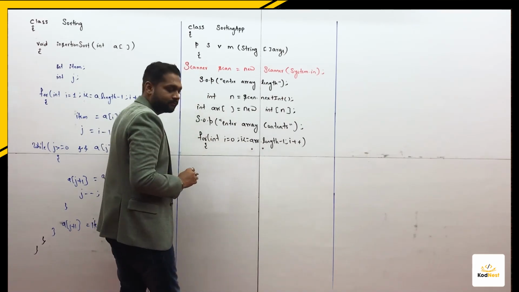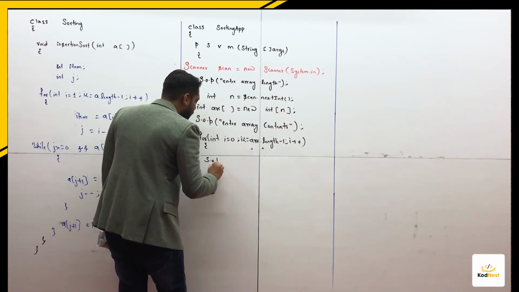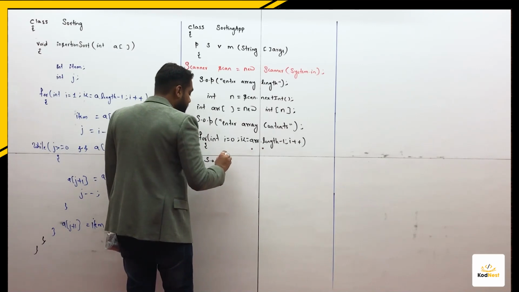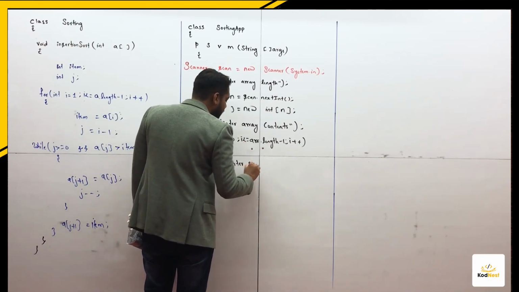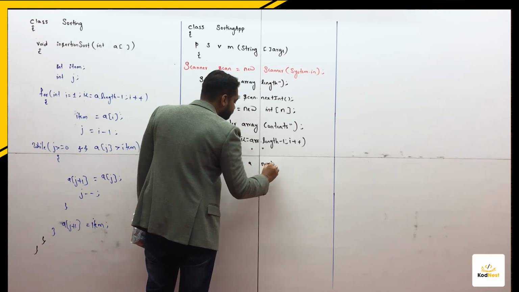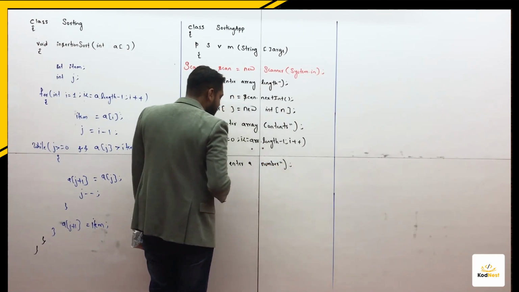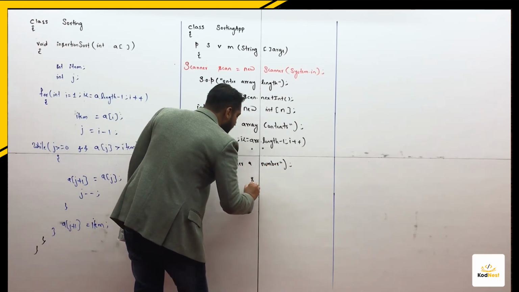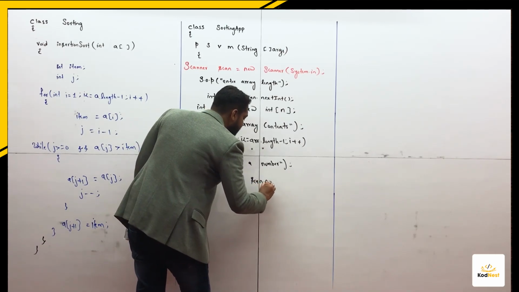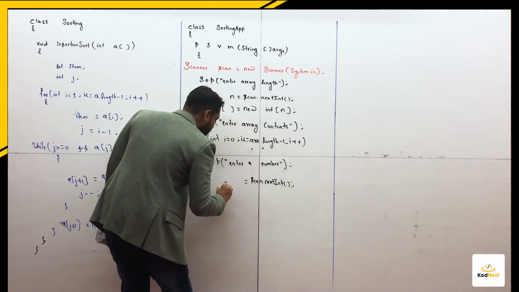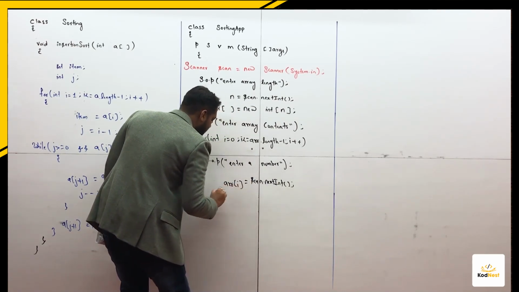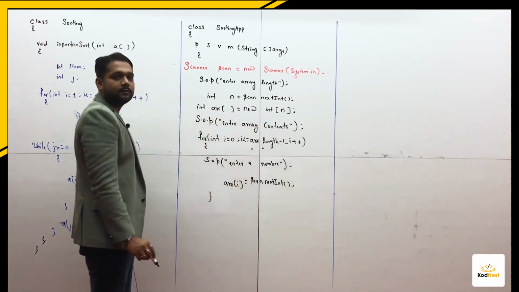Every time I would tell System.out.println, what to print? Enter a number. By seeing this message, user will enter a number. I would collect it by telling scan.nextInt, and I would store it in array of ith index, closing the for.